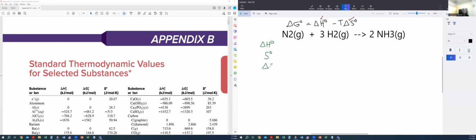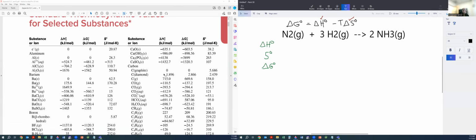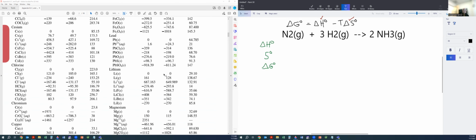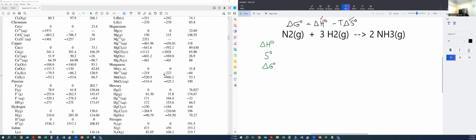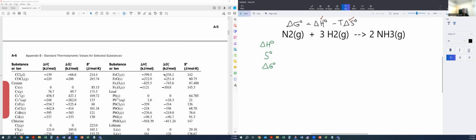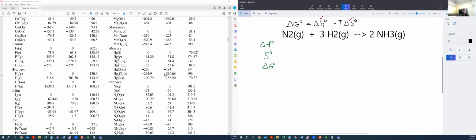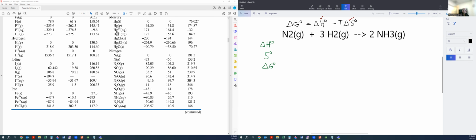And the delta G values here, right? And then what I'm going to do is scroll over to the table. Where's hydrogen? Might as well look up hydrogen first. I've got hydrogen right here.